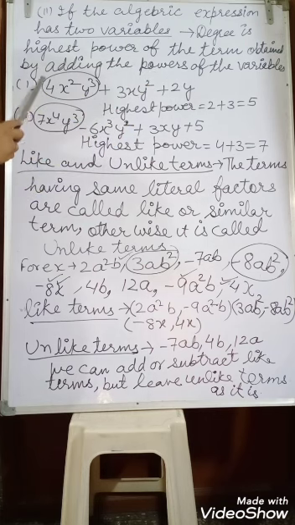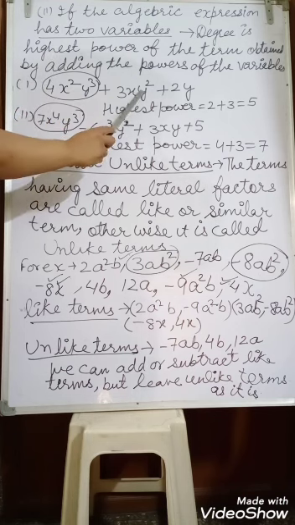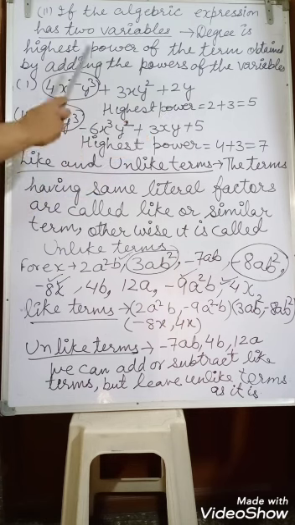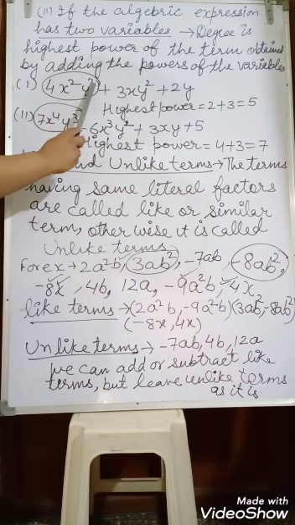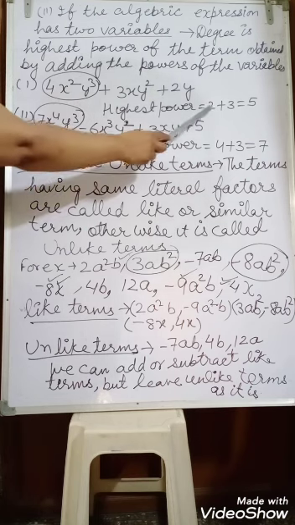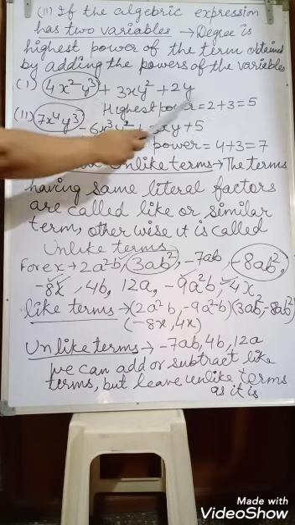For example, this is an algebraic expression. This is my polynomial 4x square plus 4x square y cube plus 3xy square plus 2y. Now see, this is the highest power term of this expression, right? Now I will add up the powers. 2 plus 3, it is equal to 5. So the degree of this polynomial is 5.